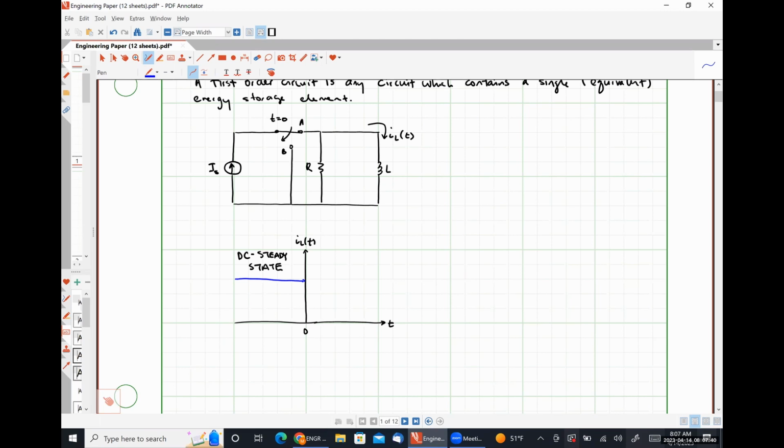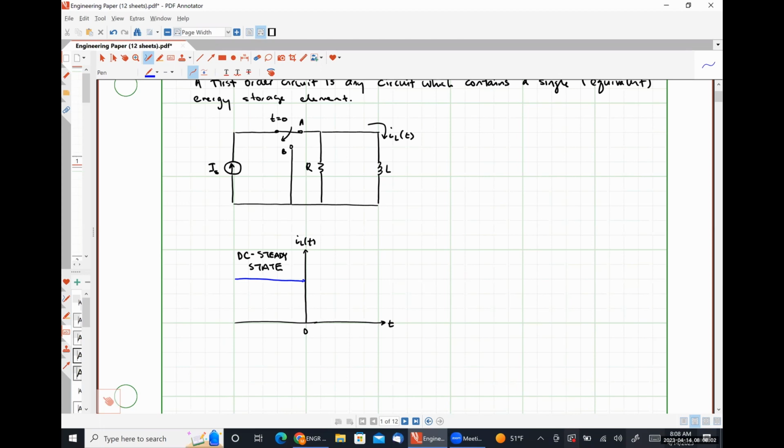Now, let's go a long time into the future. Okay. Actually, before we look at what's happening a long time into the future, let me talk about what's going on here, right? So if our inductor has some current flowing through it, that means the inductor has some amount of energy stored, right?